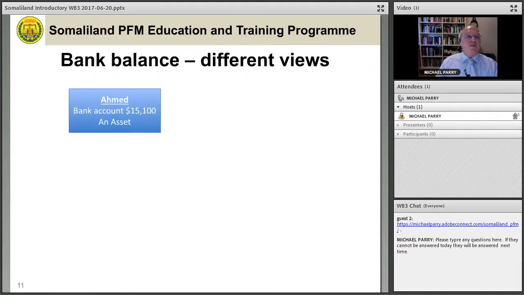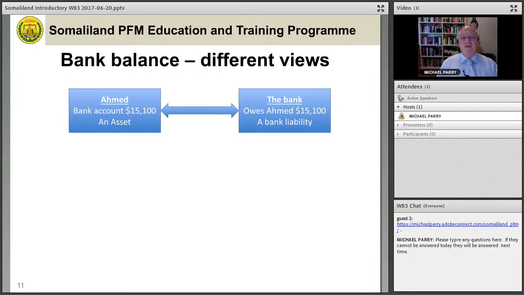The reason for this is best understood by looking at it from the perspective of Ahmed on the one hand, who has an asset of $15,100 and therefore a debit balance on the bank of $15,100, and the bank, which owes Ahmed the $15,100 and therefore has a liability. When you receive a bank statement, you are getting effectively a copy of the bank's ledger account with you, and therefore they show themselves as owing you the money, and in their books it's a liability, it's a credit.